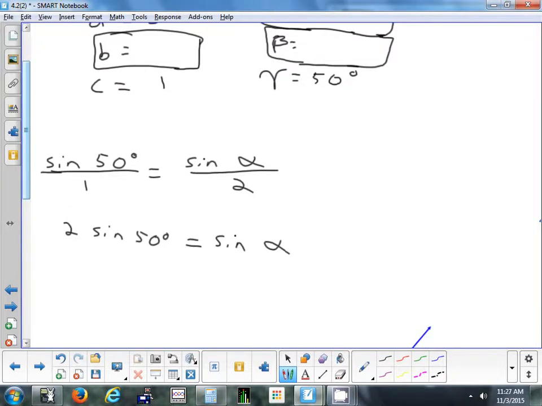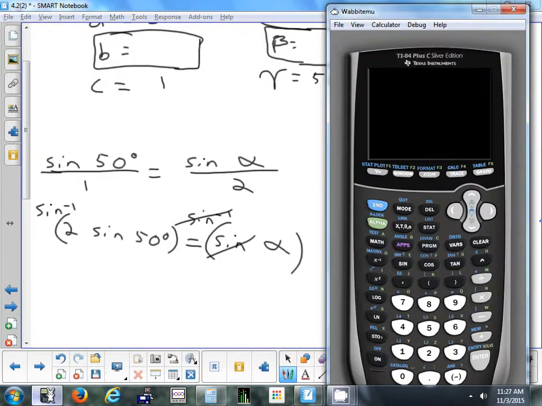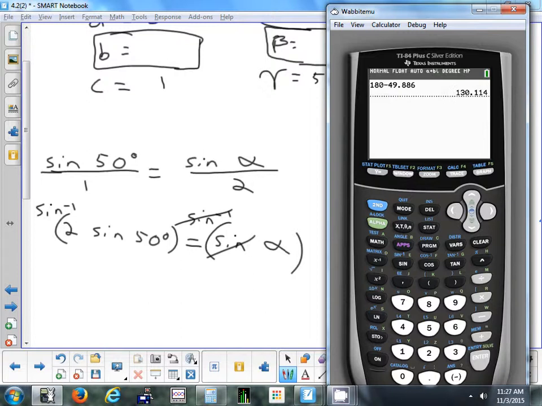Okay, how would I get rid of sine? Inverse sine. Okay, so if you noticed what I just noticed, you could have already known the answer, but if not, keep going, and you'll see what happens. Try to take the inverse sine of 2 sine 50.